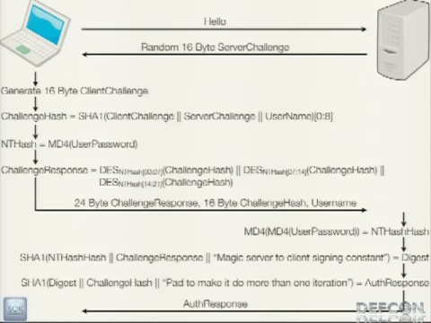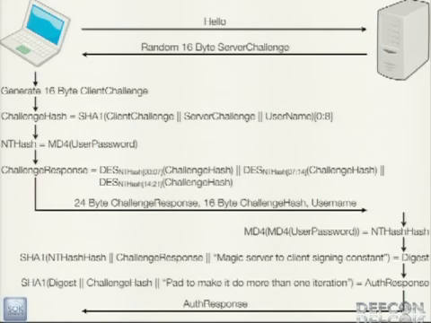keys, which are different sections of the NT hash of the user's password. Sends back the 24-byte challenge response, the 16-byte challenge hash, and the username in the clear to the server, who then calculates the MD4 of the MD4 of the user's password. Get that? The password hash. And then calculates SHA-1 of the NT hash, the challenge response, and the literal string, magic server to client signing constant.